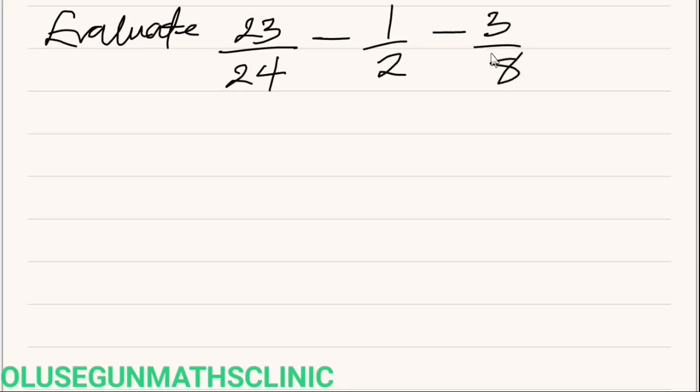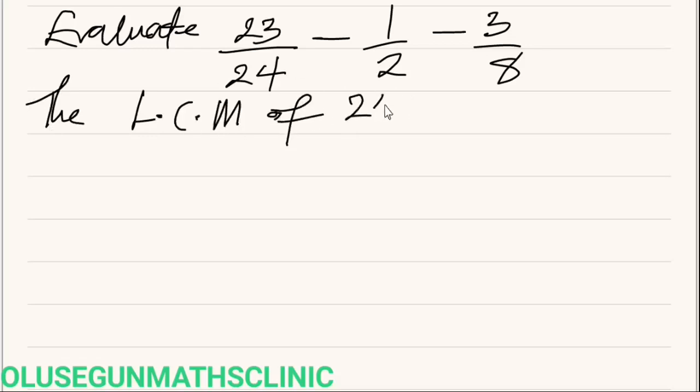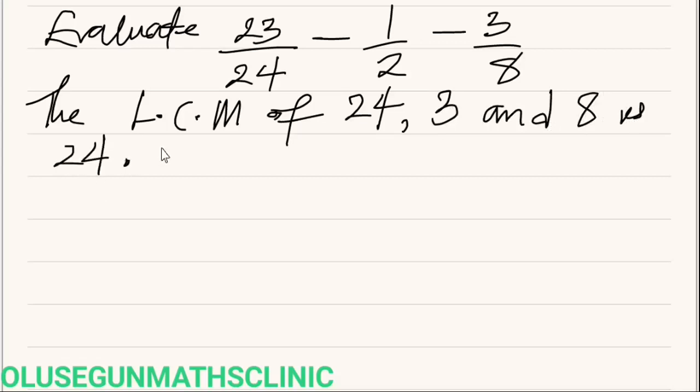Can you see you have 3 values? So the first thing you need to do is to find the lowest common multiple. The lowest common multiple of 24, 2, and 8 is 24. So that is the lowest common multiple.